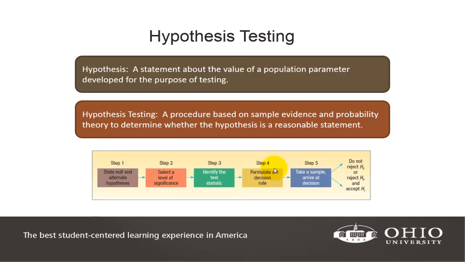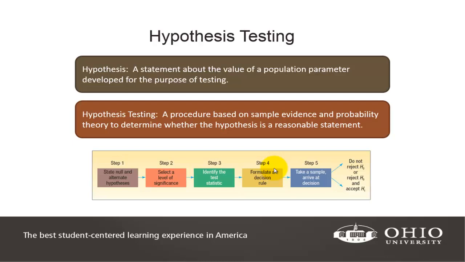There are 5 steps in hypothesis testing. The first is to state the null and alternate hypothesis, which we're going to talk about in just a minute. The second is to select a level of significance. Now, a level of significance, and I'm going to get into this more later, is a risk that you're willing to take of creating an error, of making a mistake in your hypothesis test and reaching a conclusion.